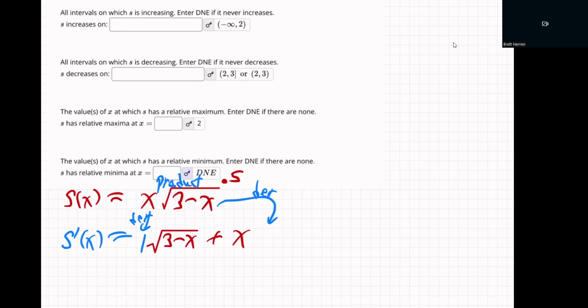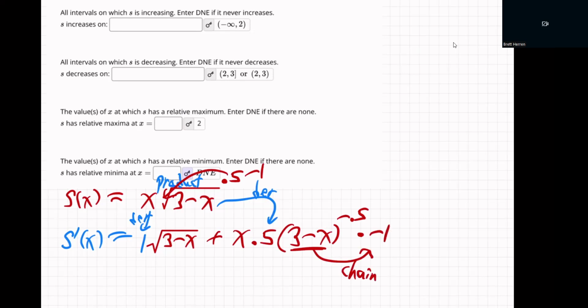So I'm going to bring down the 0.5, and then subtract 1 from it, so it'll be negative 0.5, times the derivative of the inside. The chain rule says if the inside is anything other than a simple x, you need the derivative of the inside, which should be negative 1, because the derivative of negative x is negative 1. The 1 comes down, so negative 1, and the 3 is just 0.